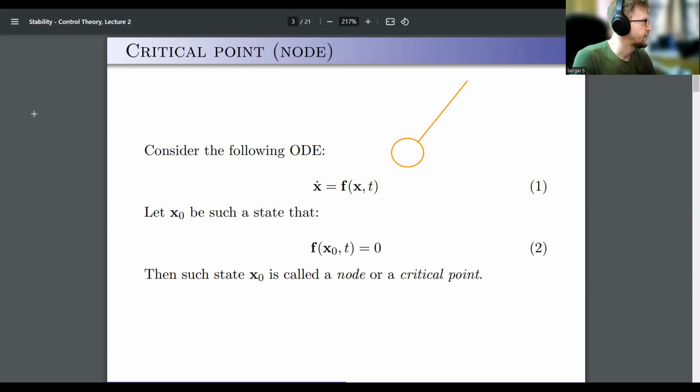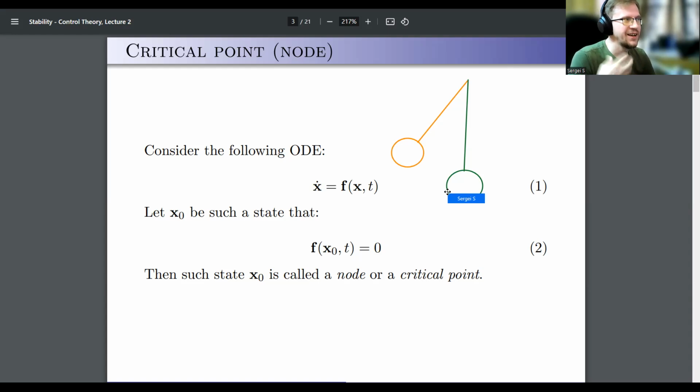Very specifically, there is one position where the pendulum is vertically down, right? And not only is it vertically down, but its angular velocity and linear velocity are equal to 0. That is a position which is a node.